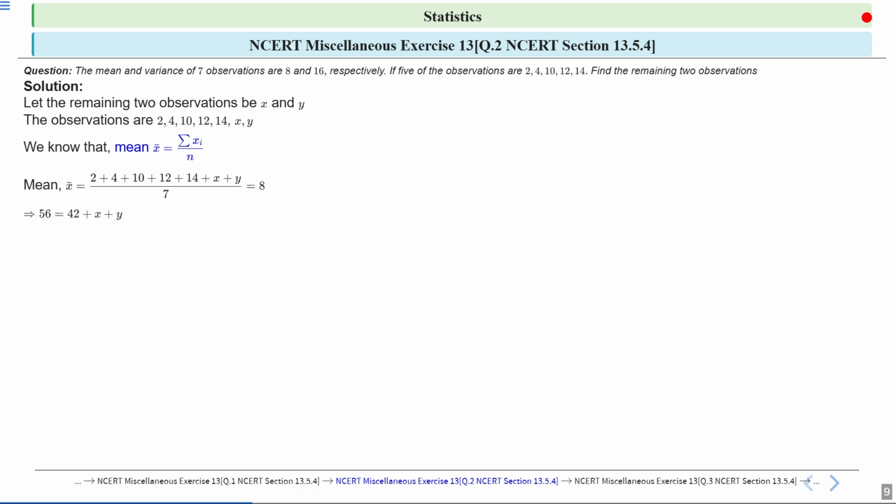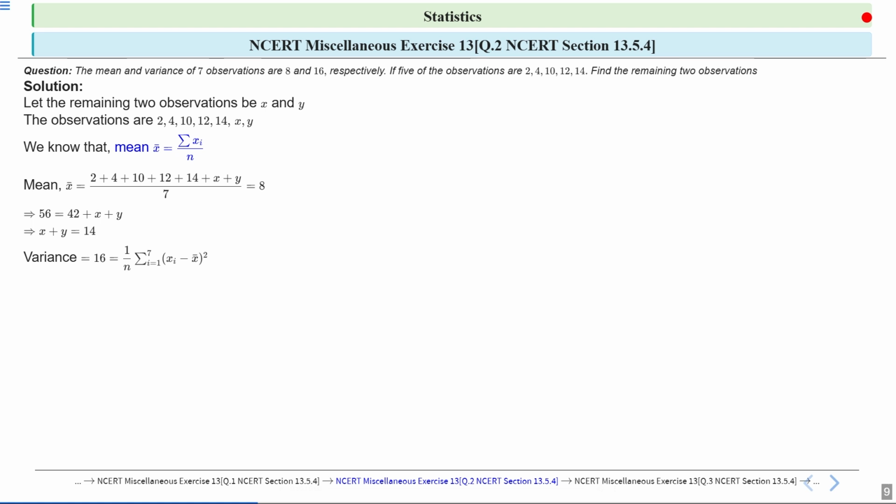Now let's solve for x plus y. So multiplying both sides by 7 gives us 56 equal to 42 plus x plus y. Now subtracting 42 from both sides, we find x plus y equal to 14.